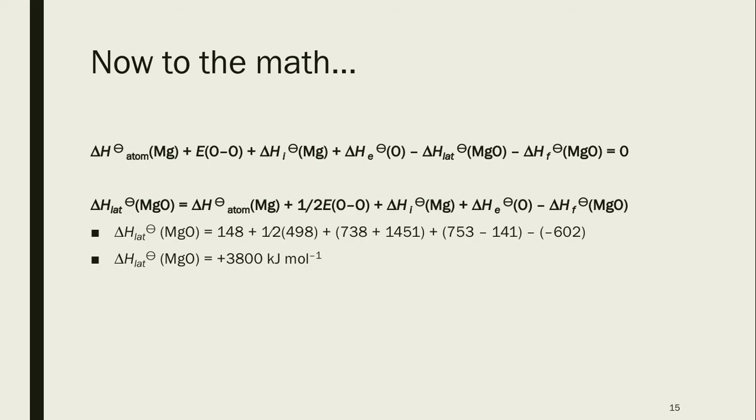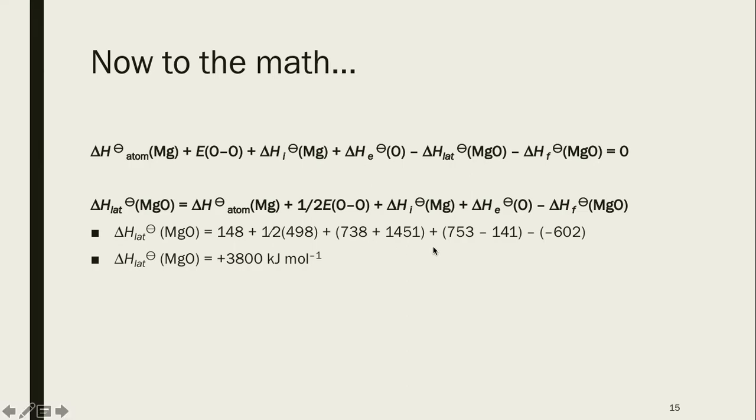So we plug in what we know, and we're going to solve for the lattice enthalpy. And when you plug in all of those numbers that were on the cycle from the previous slide, you get positive 3,800 kilojoules per mole. Okay, this is a very, very large number. Okay, something that we're going to come back to in another lesson.